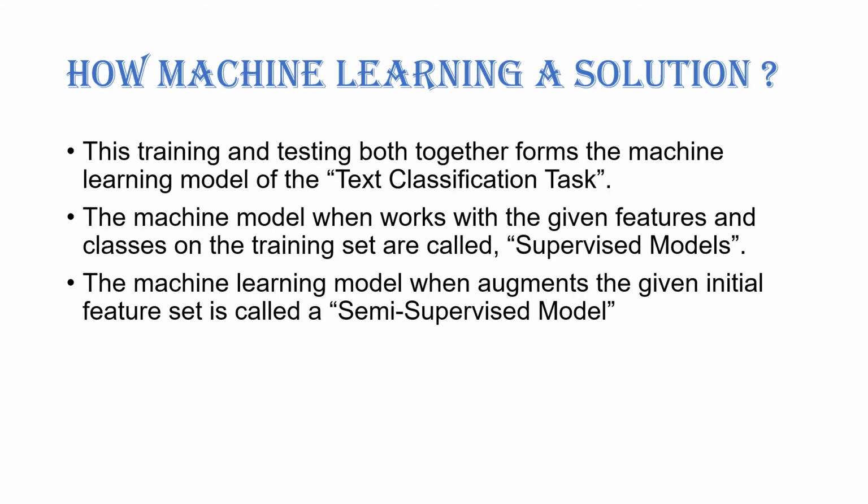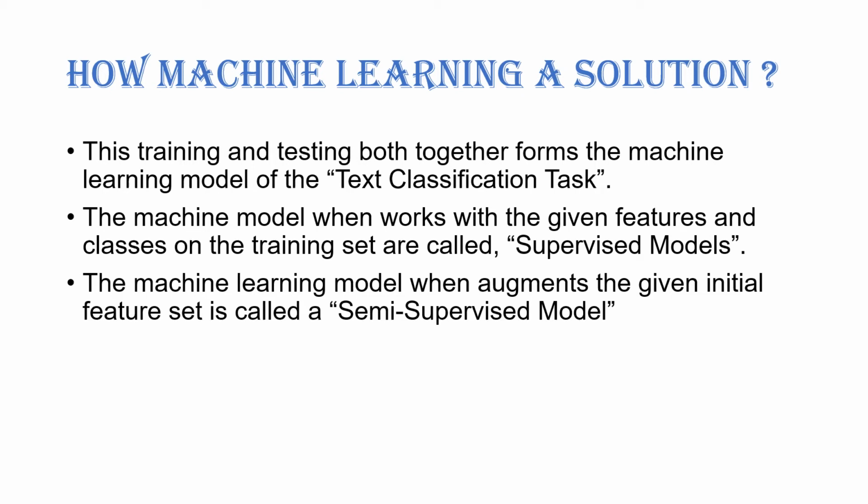Having understood about feature identification, we can now understand clearly what supervised and semi-supervised models are. One thing we missed in the last slide was training and testing, which are the two important processes of a machine learning model.